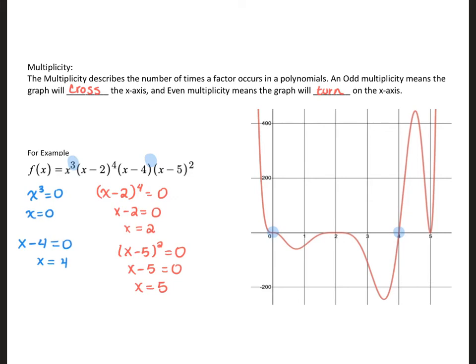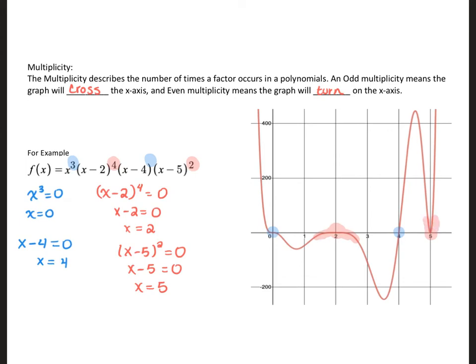The other color that I'm using is red. The reason why I'm using red is because x minus 2 to the 4th power, 4 being an even number, and x minus 5 to the 2nd power, 2 also being an even number. If I find these x-intercepts, 2 and 5, you'll notice that when the function gets to the x-axis, it turns on the x-axis rather than crossing.